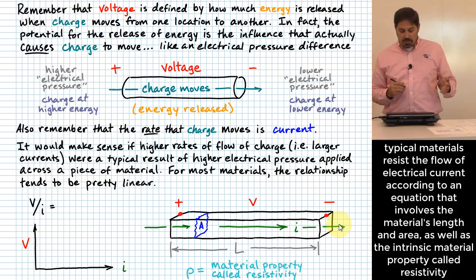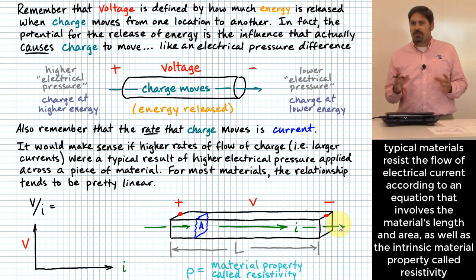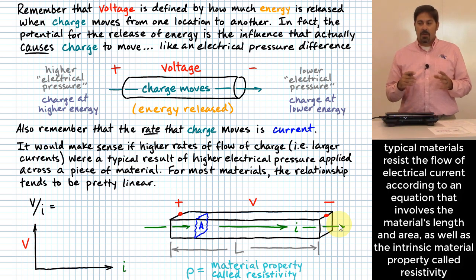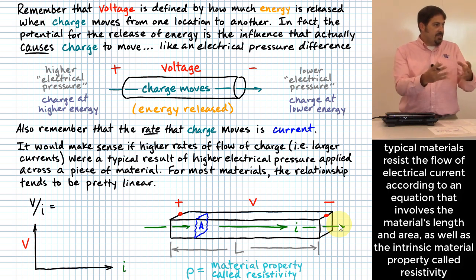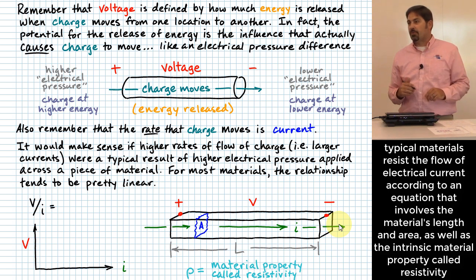I figured I would start with this. We don't do a lot with this kind of analysis in here, but we really do have some ways for many kinds of materials to describe, relative to the size and shape of the material, how much it will resist the flow of current through it given a particular voltage.